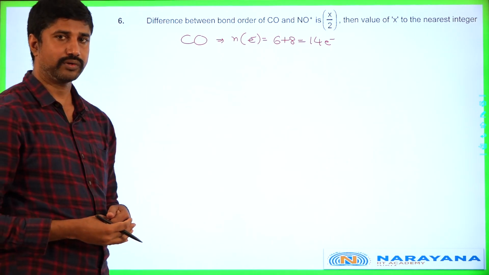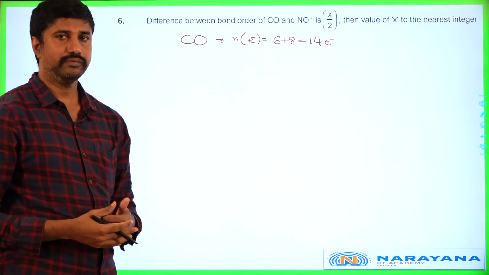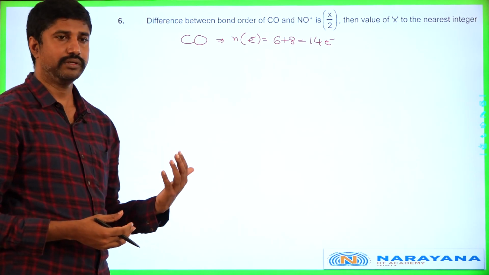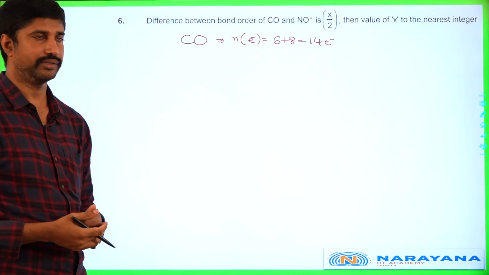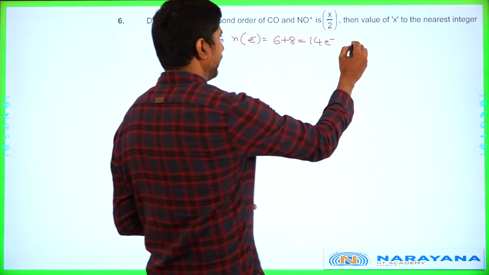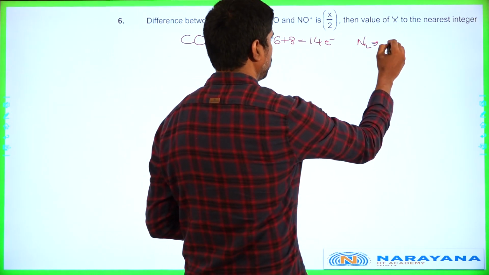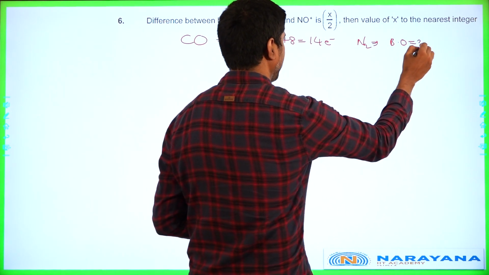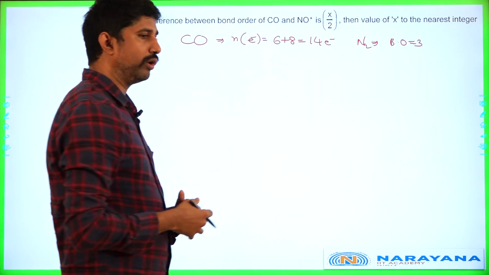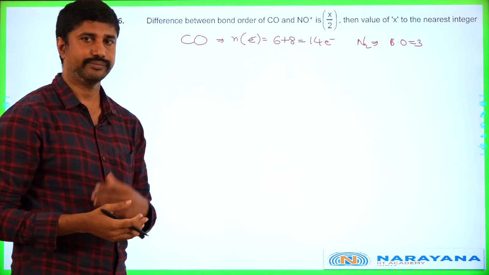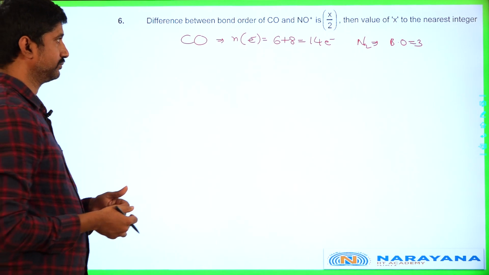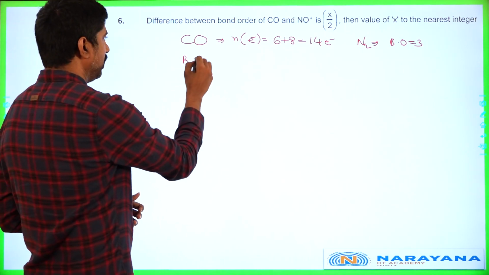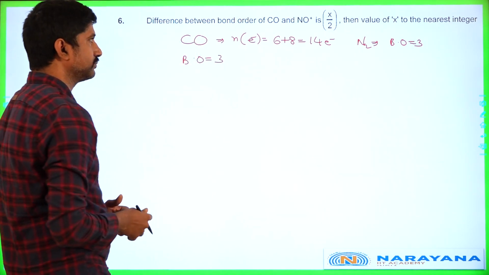Because it has 14 electrons, it is isoelectronic with N2, whose bond order is 3. So the CO bond order is also 3.